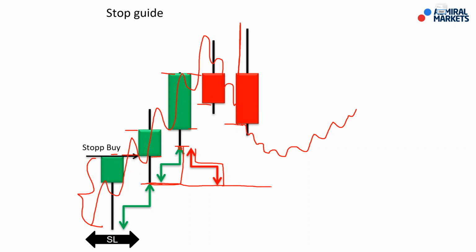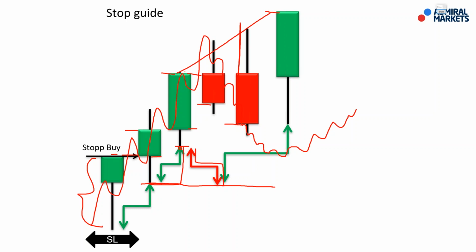Your stop stays here at the former candle. And now the next candle has a close above your outside bar. A close above the outside bar here. And then your stop follows this candle and is placed here.